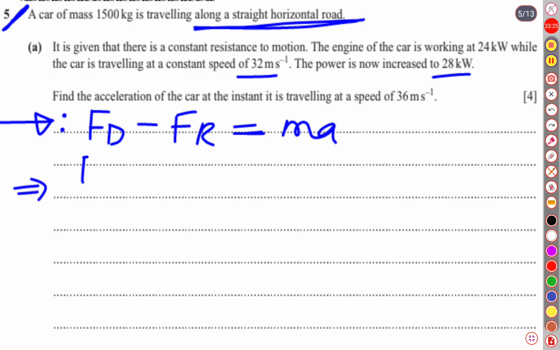The formula we have been applying is power over velocity. Resistance to motion is not given, remember, so we will have to find it. That is frictional force. Resistance to motion means here frictional force.